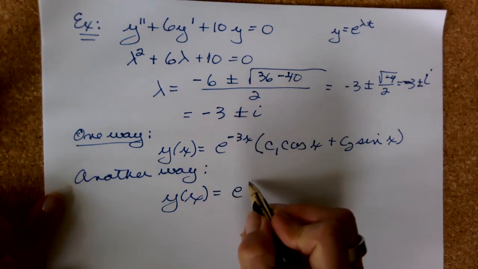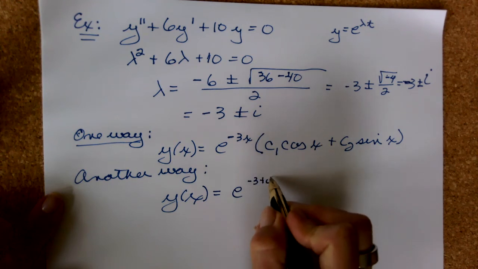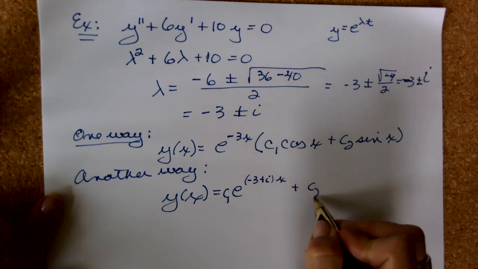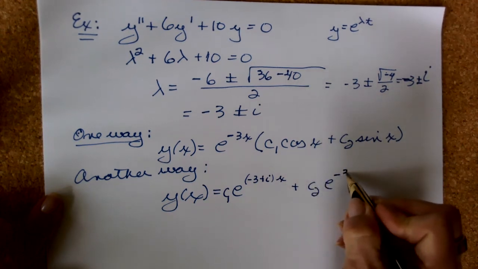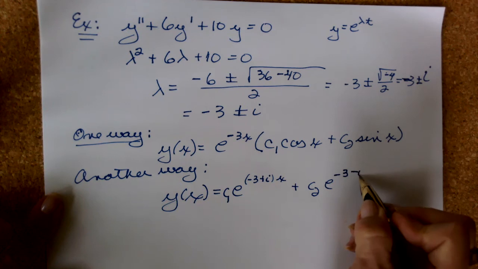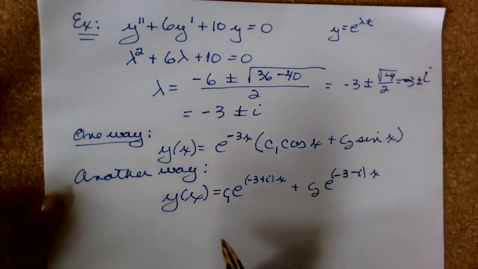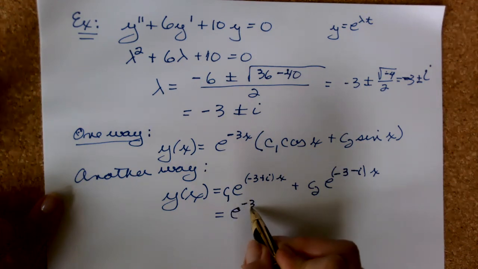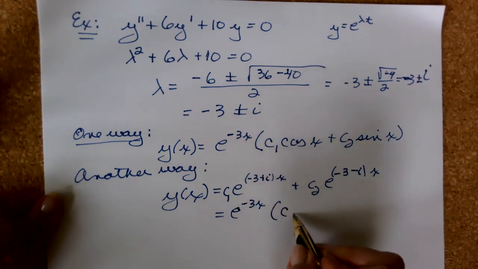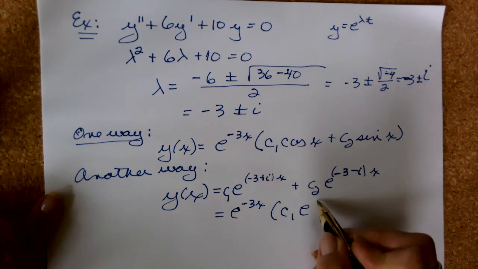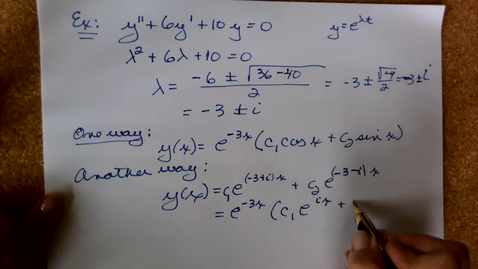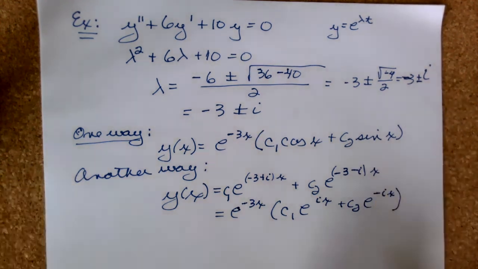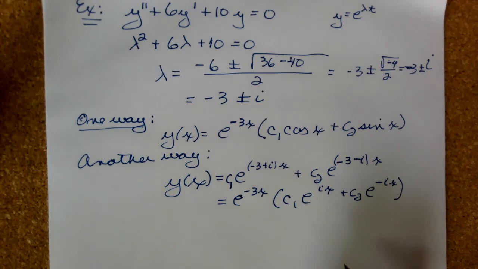So this is C1 e^((-3+i)x) plus C2 e^((-3-i)x). And notice, I can write it as e^(-3x) times C1 e^(ix) plus C2 e^(-ix). That's also a perfectly good way to write the solution.